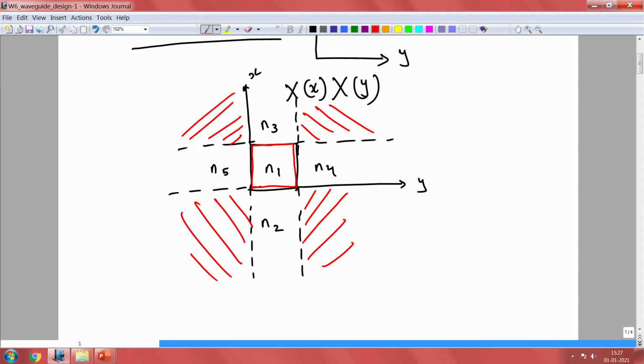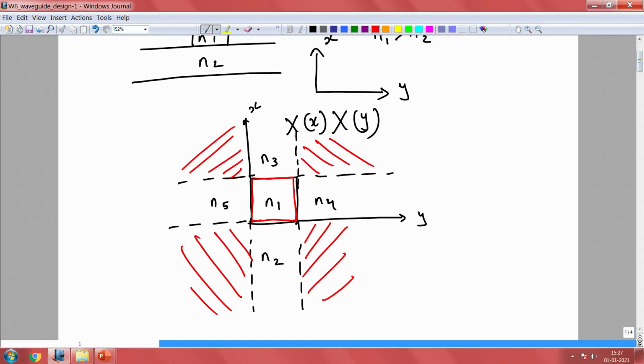The other important thing to notice here is that we have x and y, so the way we designate any field would also be a little different. For example, if you have a TE mode, you have an electric field E, which is along y and will have the mode numbers m and n, for example. This is one mode where it is confined along the y direction. This is a TE mode.